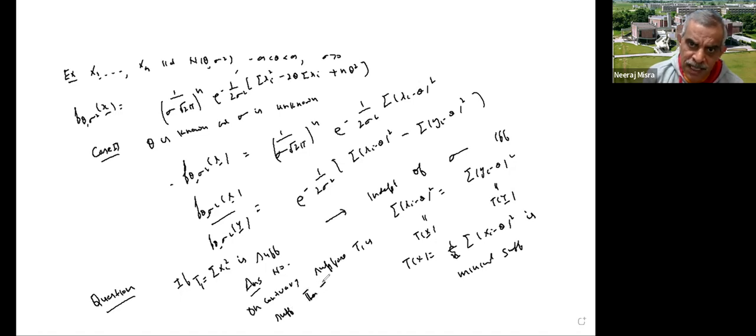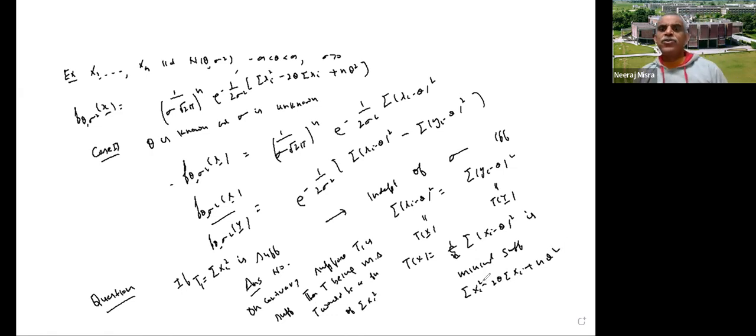Then T being minimal sufficient, T would be a function of summation xi square. But T is the same as summation xi square minus 2 theta summation xi plus n theta square. So to calculate summation xi minus theta whole square, you will not only need summation xi square, you'll also need summation xi. So this is not a function of summation xi square, so it is not sufficient.